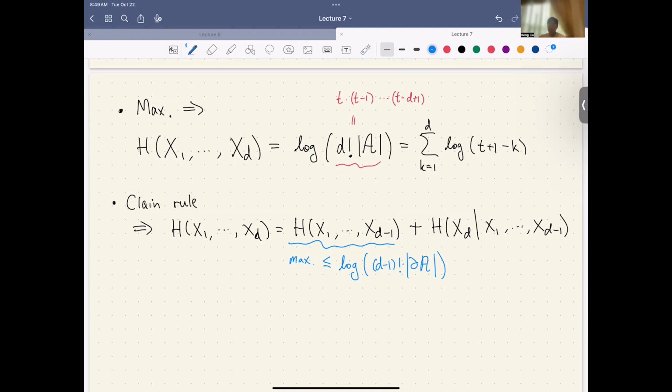We're not going to do much with this. Our goal is to bound this from above.